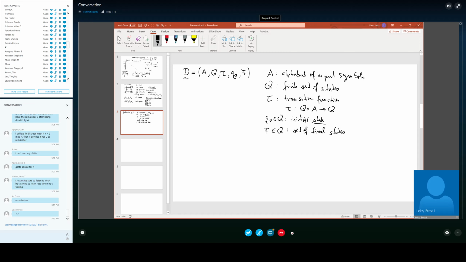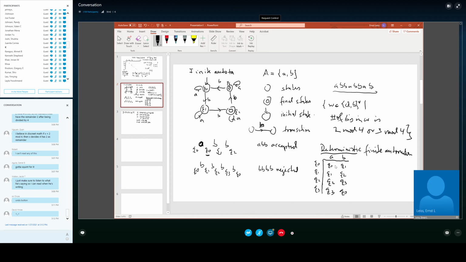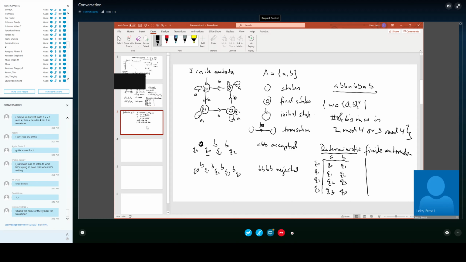Now, at this point, the only thing that is probably somewhat non-obvious, but it should be fairly clear, is the transition table. The transition function is, of course, this kind of thing here. And so it basically takes a state and a letter and gives back another state.